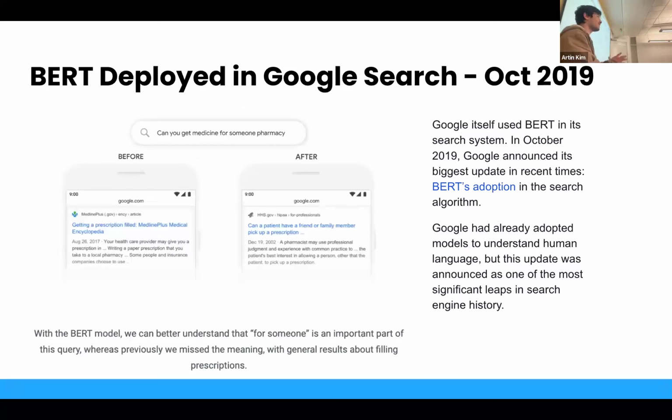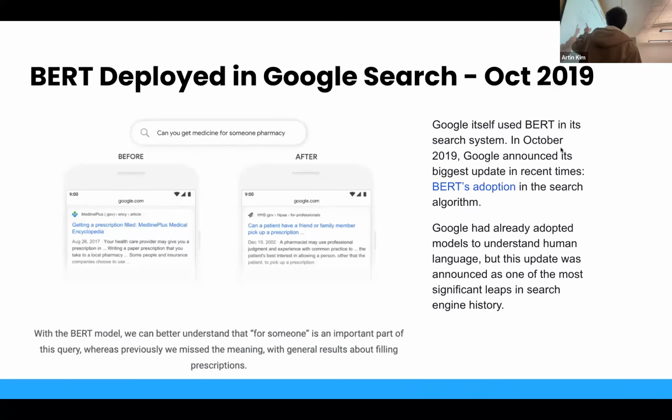BERT was deployed. This is the history, then we're going to get to the actual architecture. BERT is a part of the transformer architecture. It was deployed in 2019, and this improved search a lot. If you use Google search before and after October, you might notice it can better understand what you're saying. Let's say you said, can you get medicine for someone pharmacy?